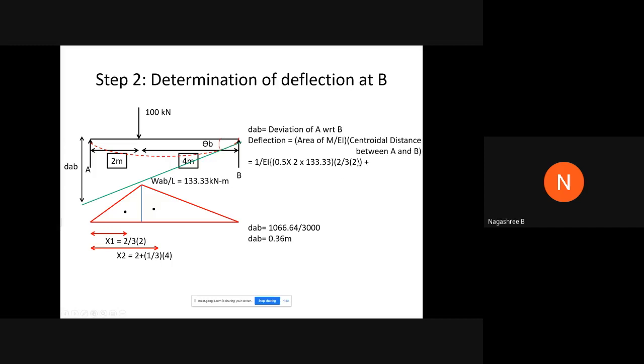So multiply that by 2/3 into the base distance, which is 2 meters, so it is 2/3 into 2.